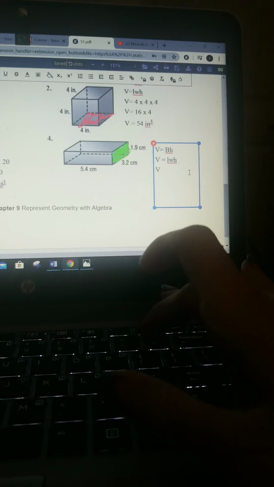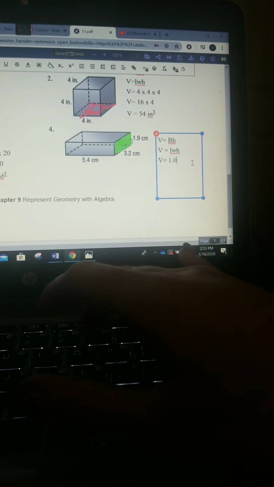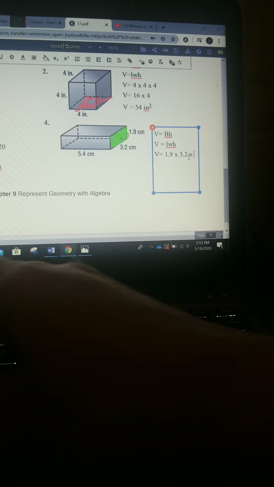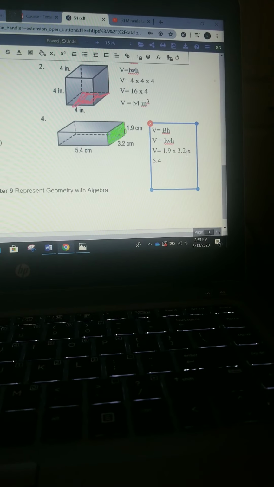So volume is 1.9 times 3.2 times the height of 5.4.